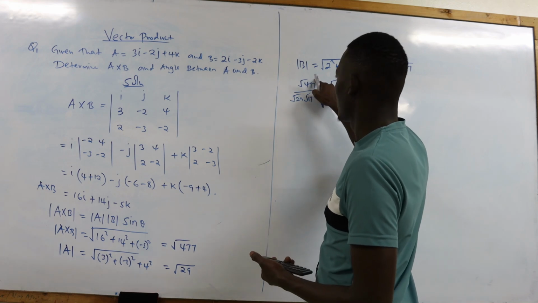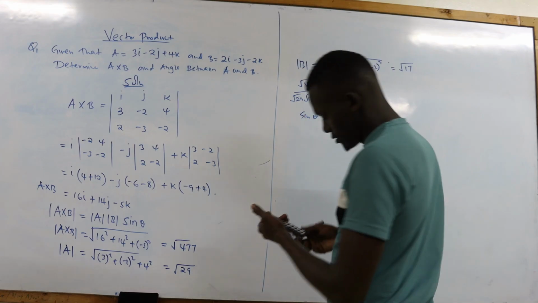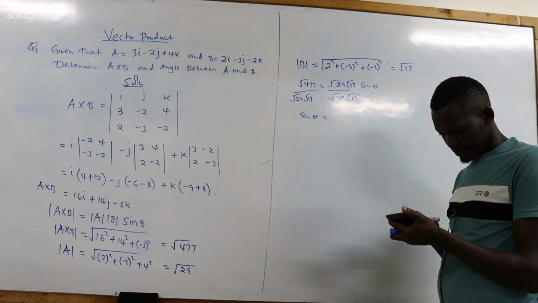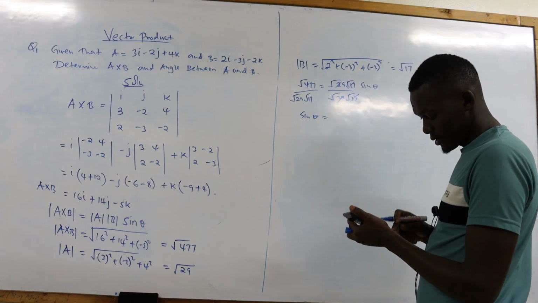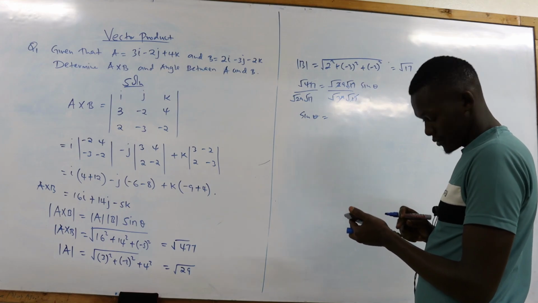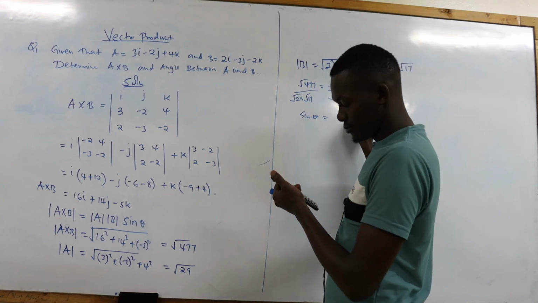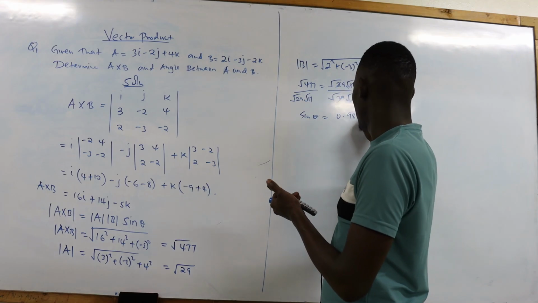That one will not cancel out, so I'll have the root of 477 divided by the root of 29, the root of 17, and I'll get 0.9836.